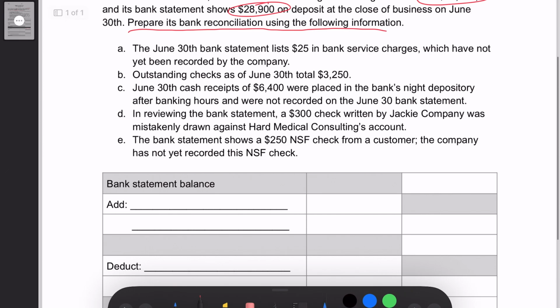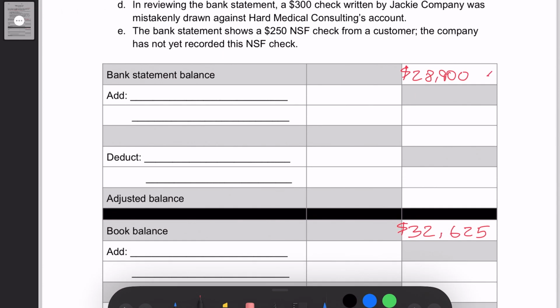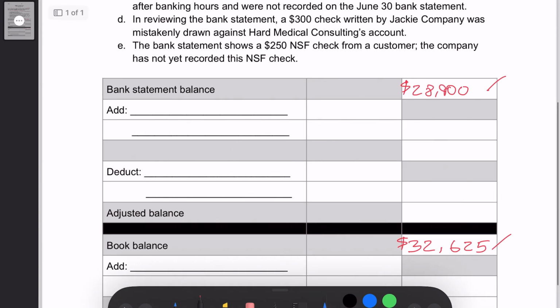That's going to be included in our top right box, $28,900. Now again, the point of this bank reconciliation is to get these two balances to reconcile and equal, due to various changes between exchanging the book's information and the bank's information.